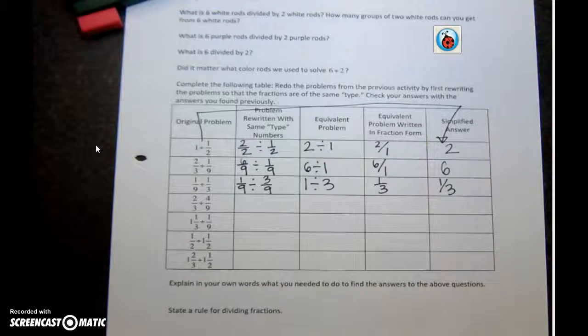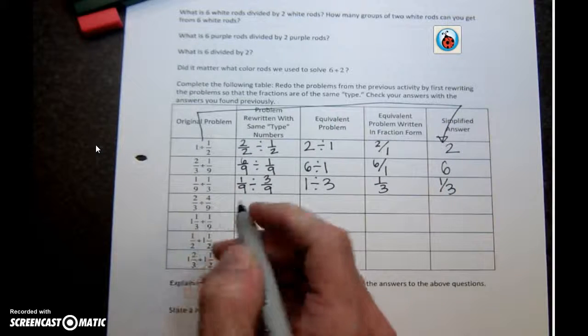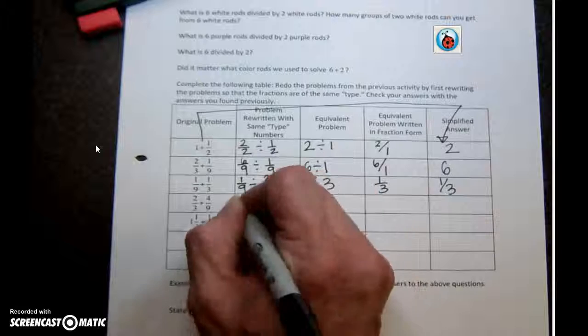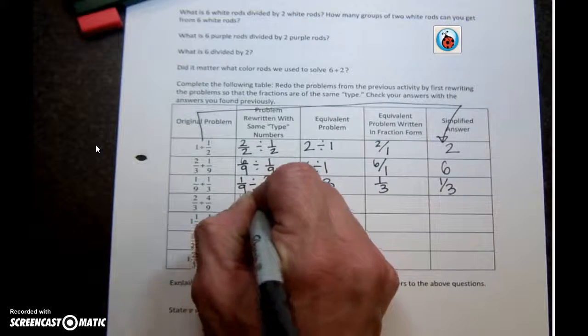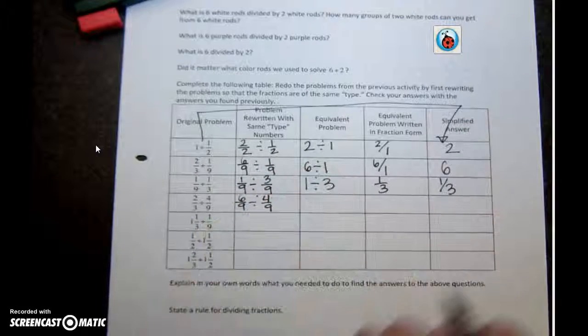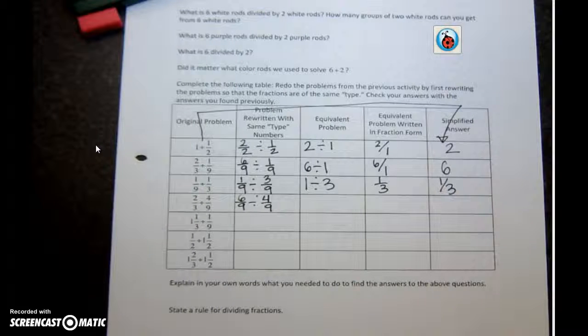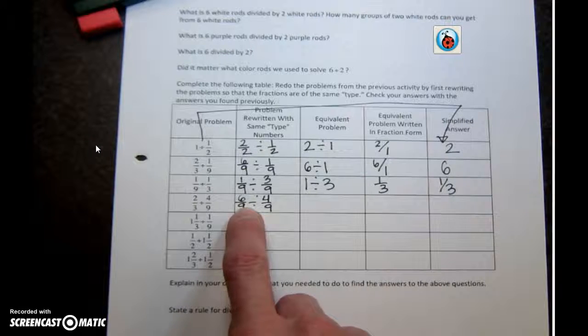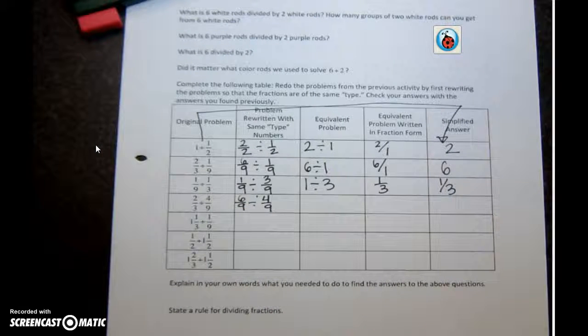Okay, so let's just do one more here. So let's do the 2/3 divided by 4/9. So we would want these to be the same type of numbers. So this would be 6/9 divided by 4/9. And again, you could continue showing students with the Cuisenaire rods, or you could even use the fraction circles if you're more comfortable with those. But again, we're just trying to show them how we can fit one whole copy of 4/9 into 6/9, but then only a little bit of another copy.